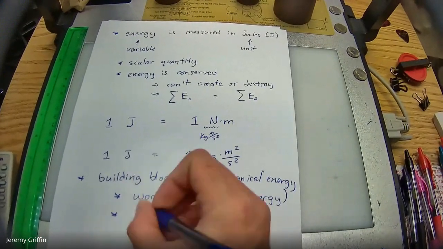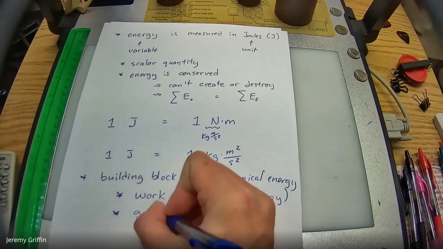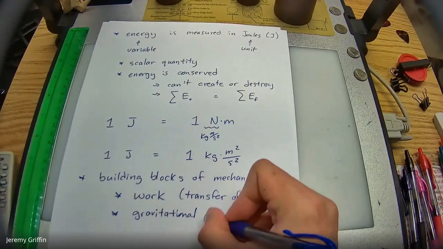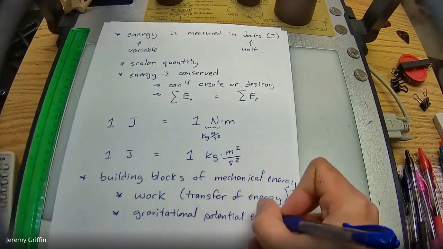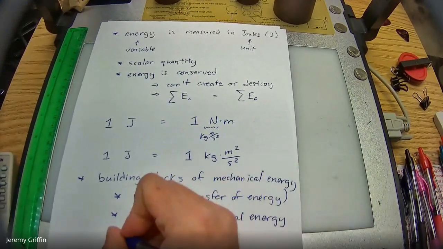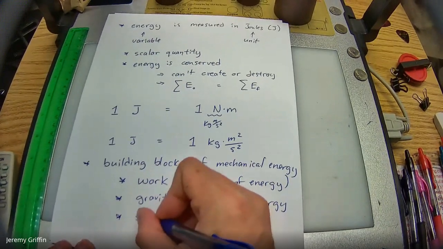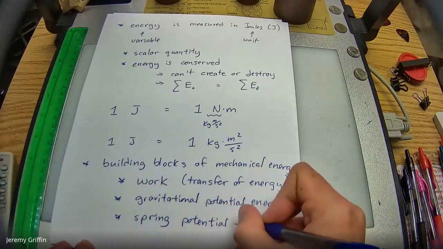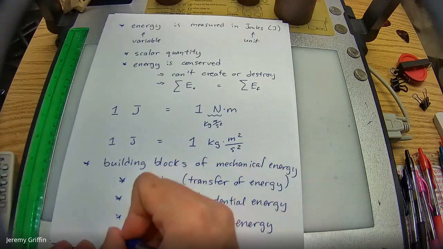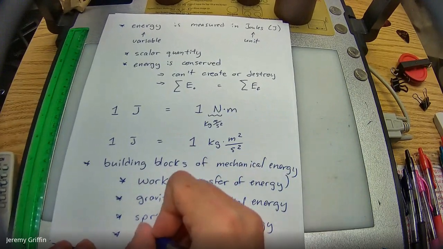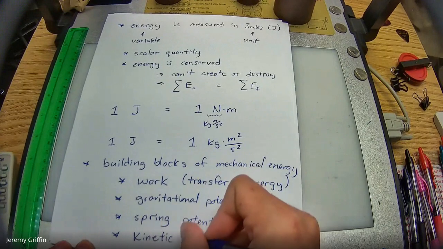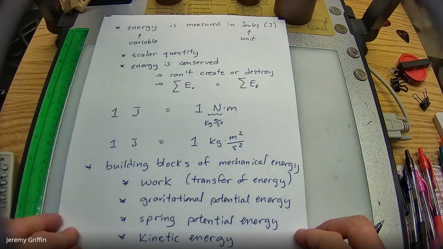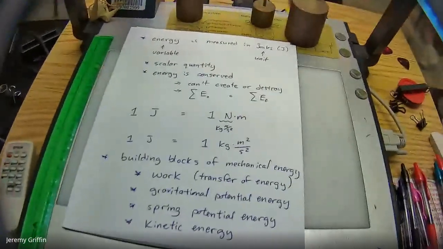We'll also talk about gravitational potential energy, energy stored in a spring, which is called spring potential energy, and energy of motion, which is called kinetic energy. That's the shorthand version of the list of building blocks we're going to care about.